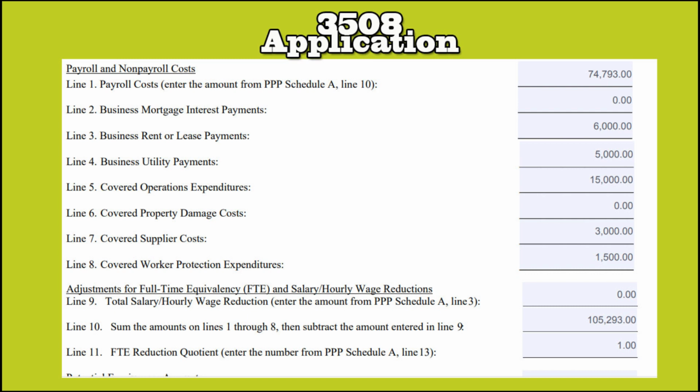Your line 2 will be business mortgage interest payment. So if you own your business, you actually own that property, that mortgage payment. Now keep in mind, everything that they're asking you for have to have incurred before February 15th, 2020.